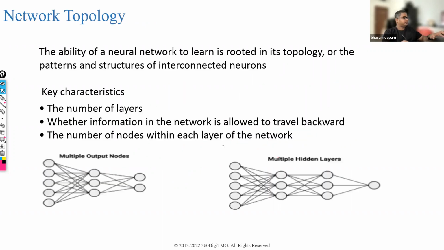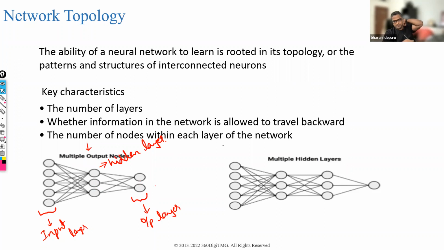So now we have network topology that we need to talk about. In this specific representation of network, you have input layer, and then you have a hidden layer. This hidden layer has 3 neurons, and then you have your output layer. This output layer has 2 neurons.